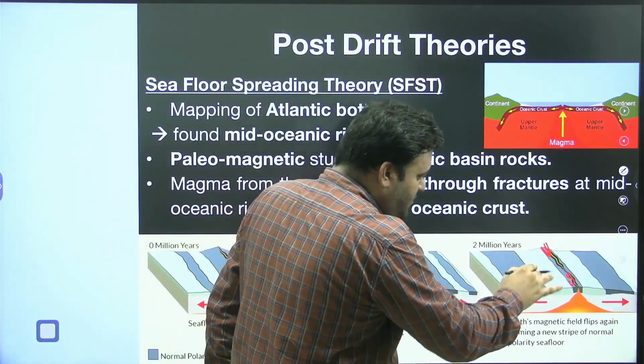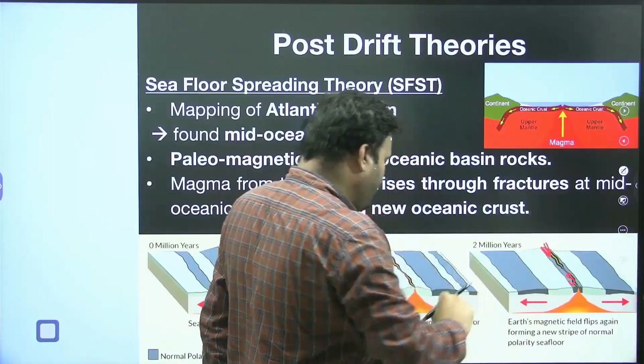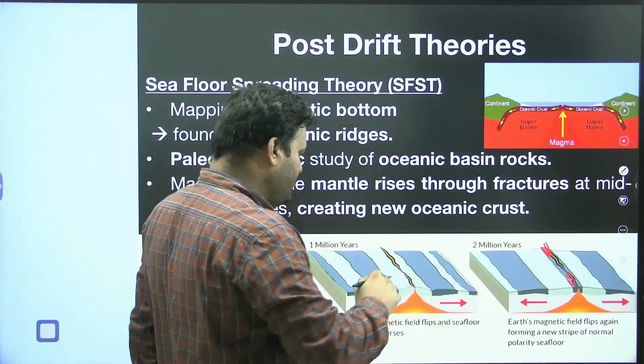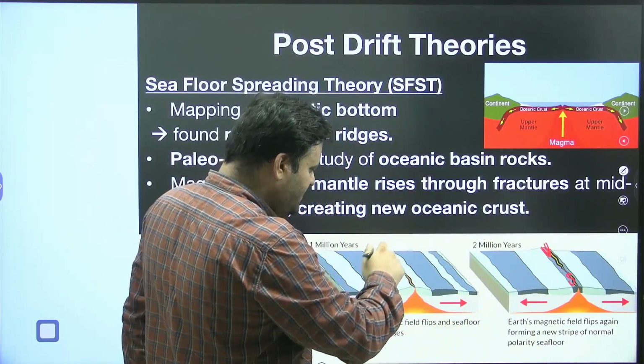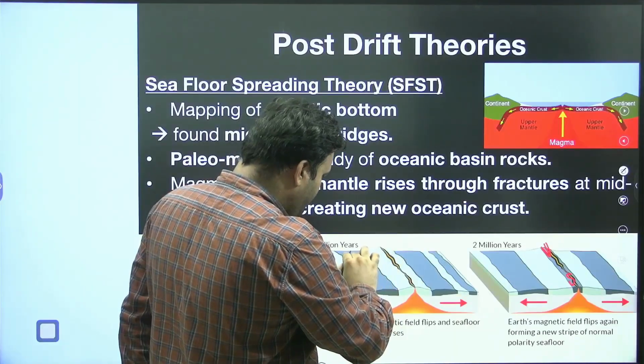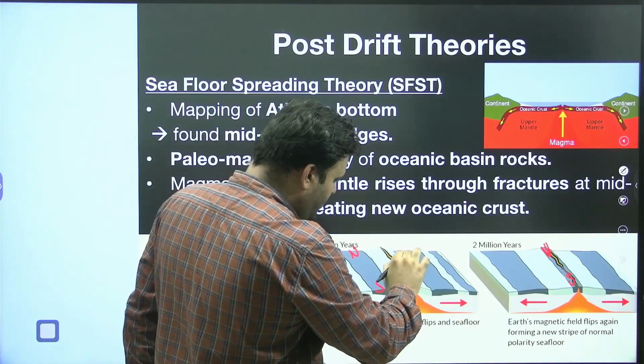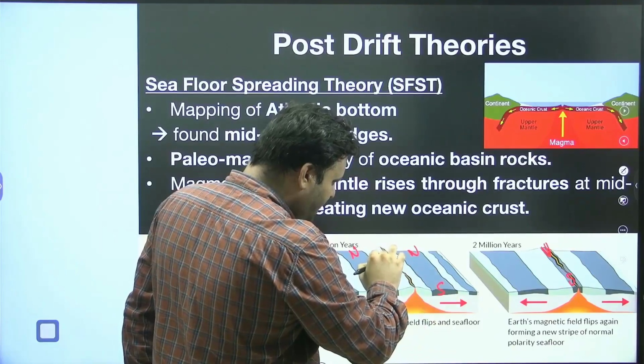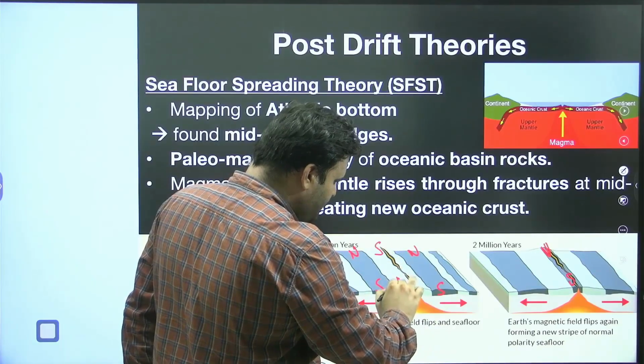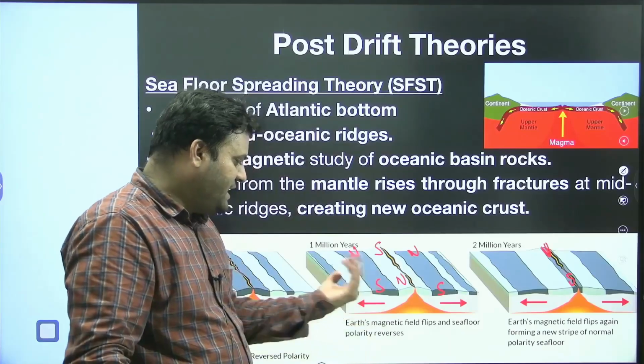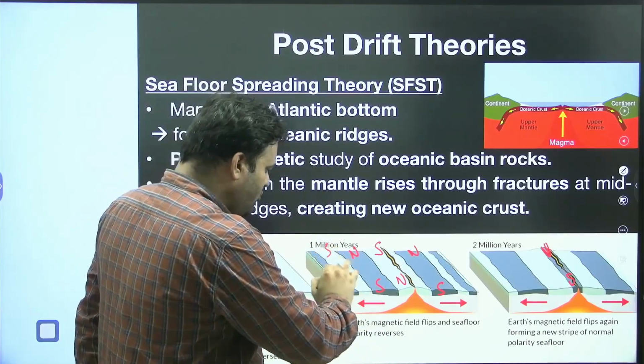So this is the polarity, and after that, around 1 million years, we have the same property, north to south polarity. Now the polarity here is south to north. Then again we have a polarity which is south to north, north to south.